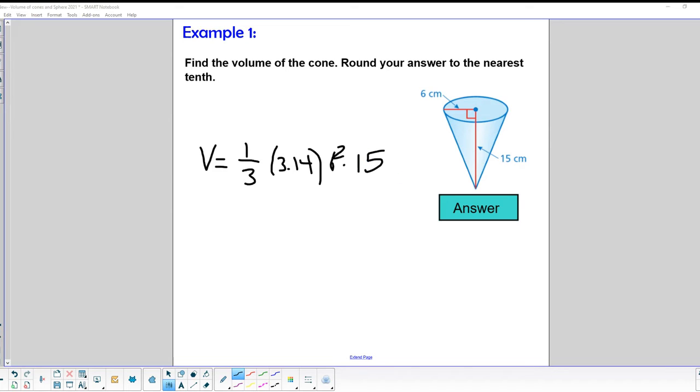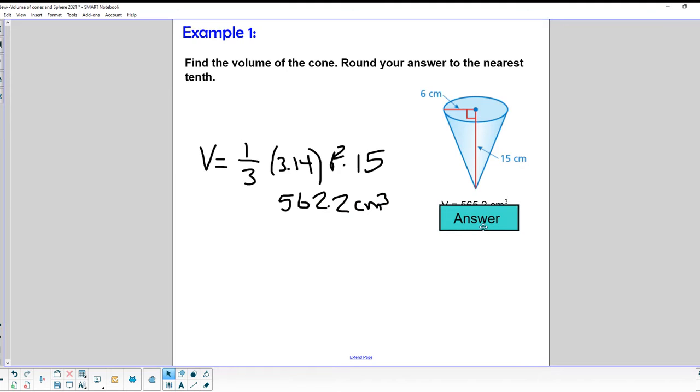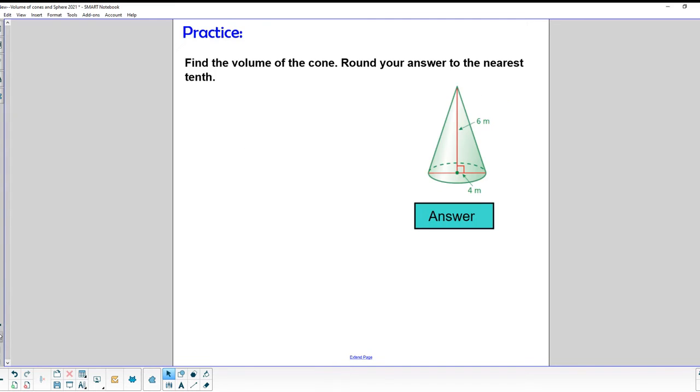And then the last thing is to times it by 15. So our answer is going to be 562.2 centimeters cubed. Let's check our answer, see how we did compared to the other one. Would you look at that? We got the same answer. Feeling pretty good about what we're doing so far.